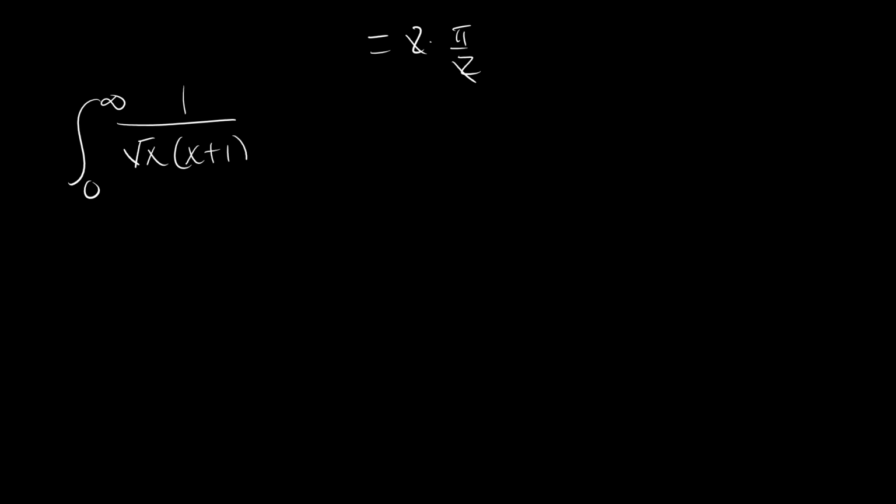And what that means is that our answer is twice times pi over 2, and so the integral from x equals 0 to x tends to infinity of 1 over square root of x times x plus 1 is pi. And that is the answer.